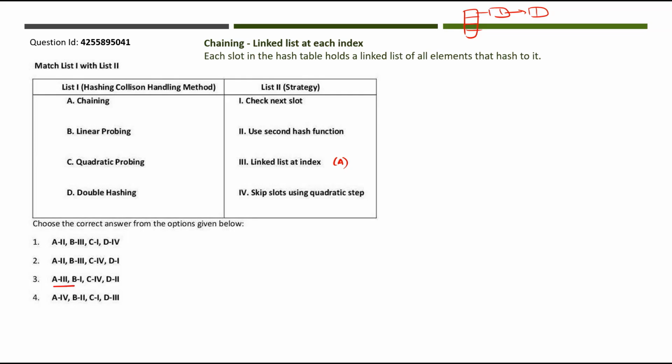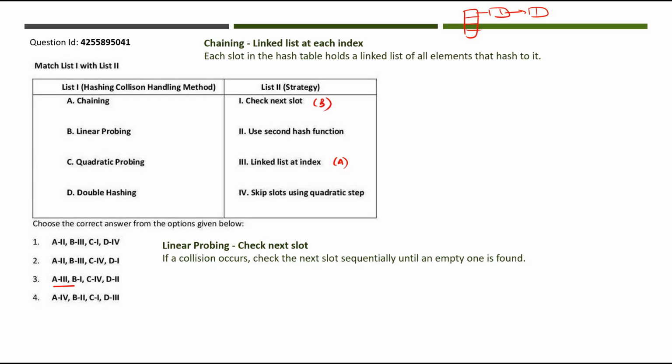Next is linear probing. If a collision occurs, check the next slot sequentially until an empty one is found. We have solved many questions in the previous year question paper using linear probing. You can map linear probing to check next slot. B will be mapping to 1. B1 is also available only in one option.